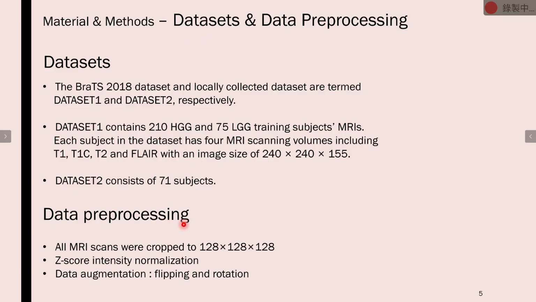The pre-processing of the MRI includes, first, cropping the image to 128 by 128 by 128; second, Z-score normalization; and third, data augmentation, including flipping and rotation.